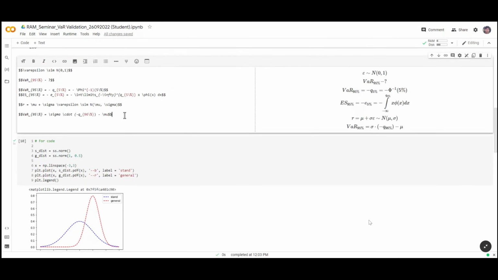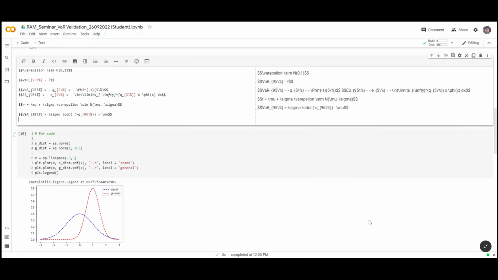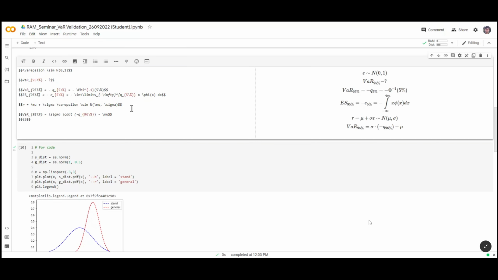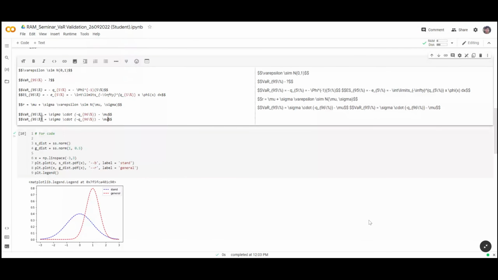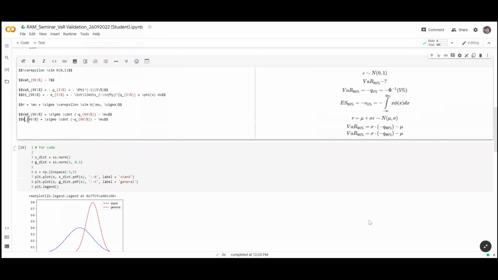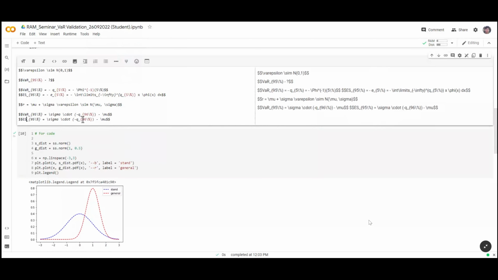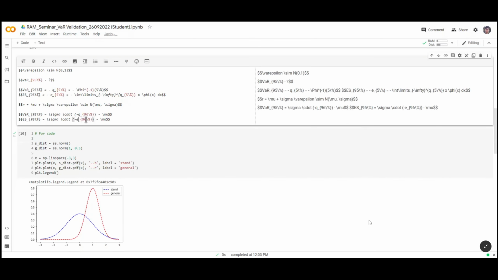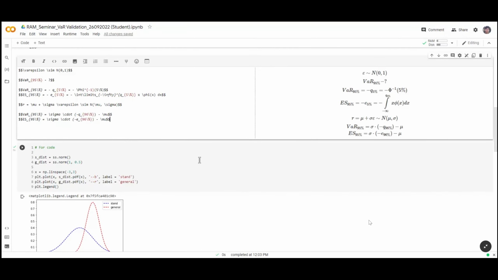And the same formula actually applies to expected shortfall. So nothing's going to change here. If I write the same equation for expected shortfall, right?